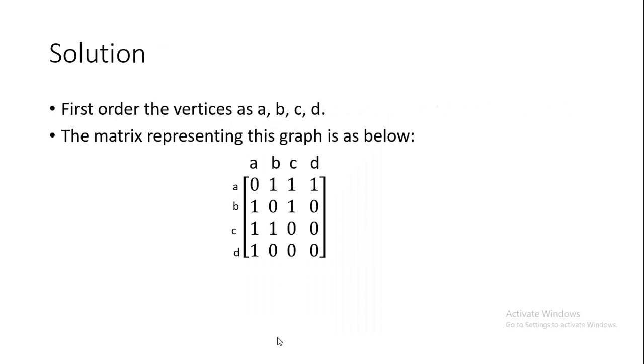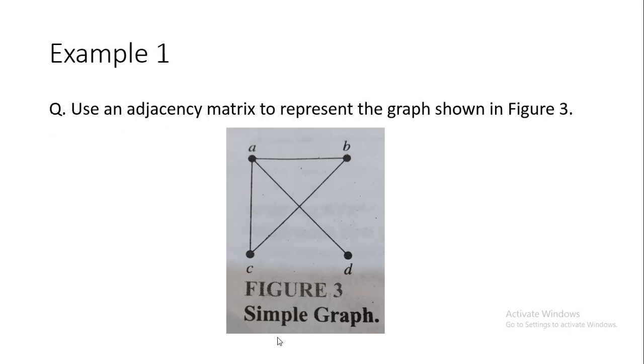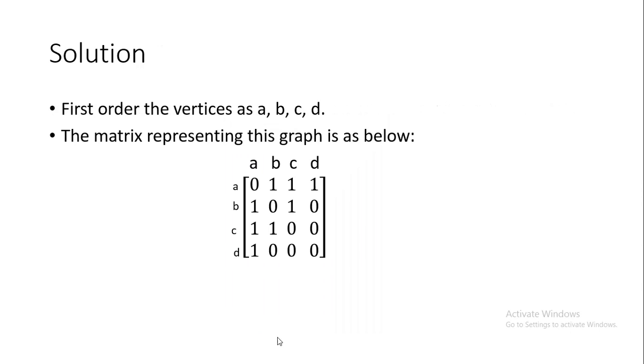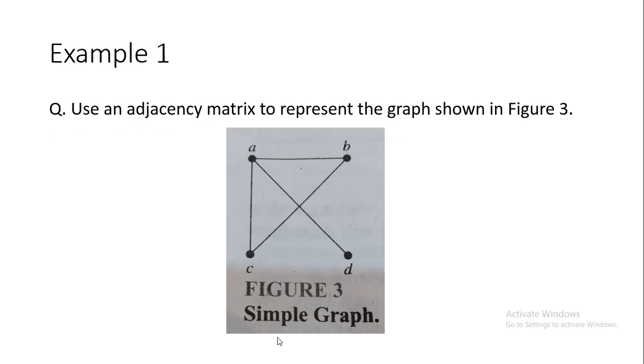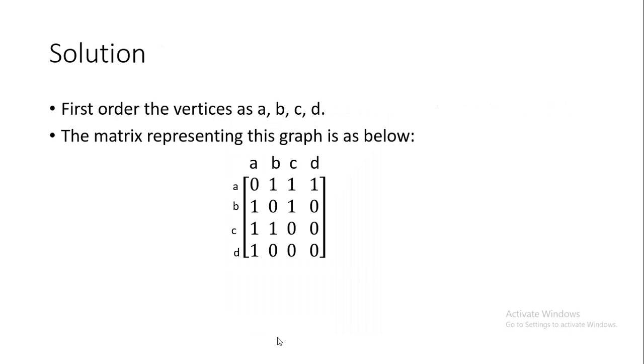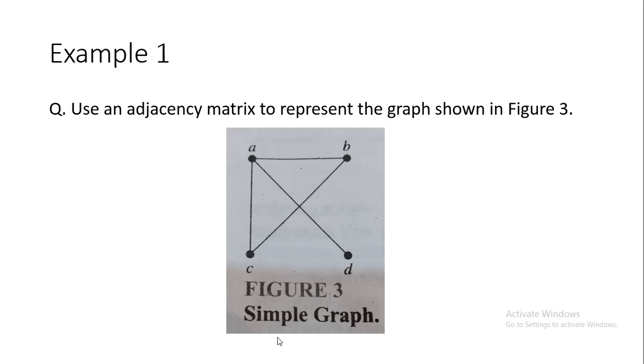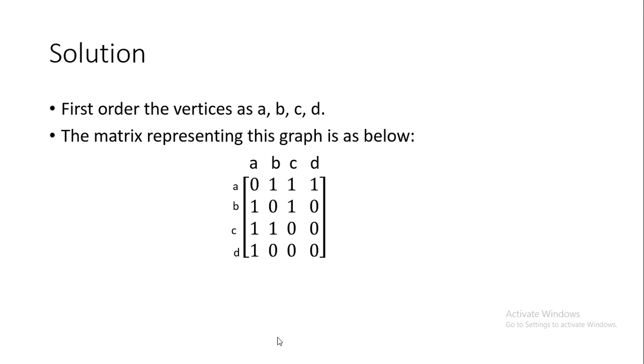From A to B, first row, second column, the value is 1. Let's check: from A to B, definitely there is an edge present, so the value is 1. From A to C, an edge is present, so the value is 1. From A to D, an edge is present, the value is 1. Then the first row is over.